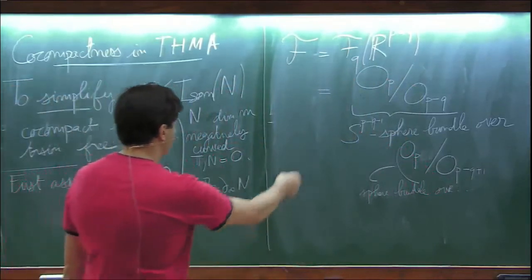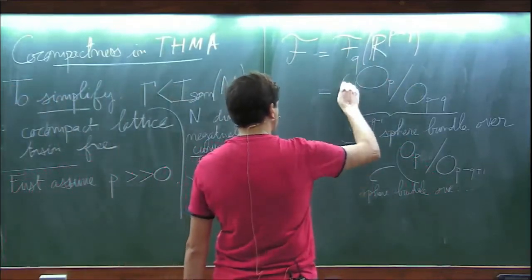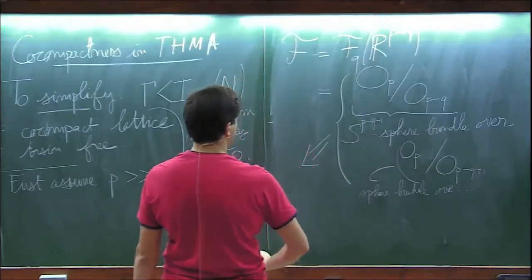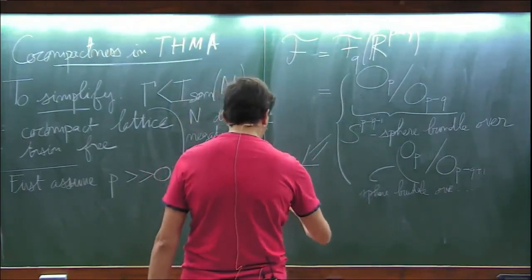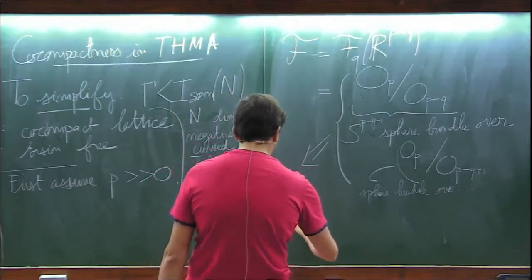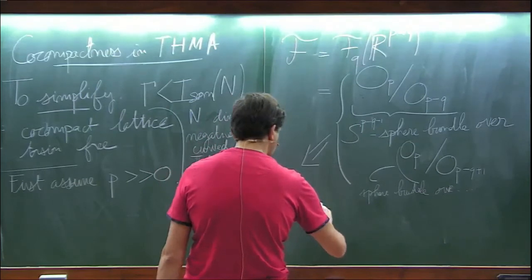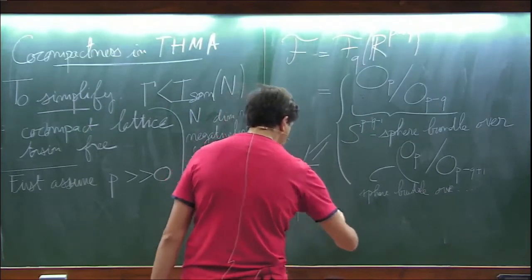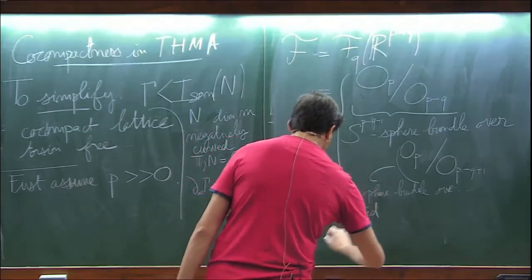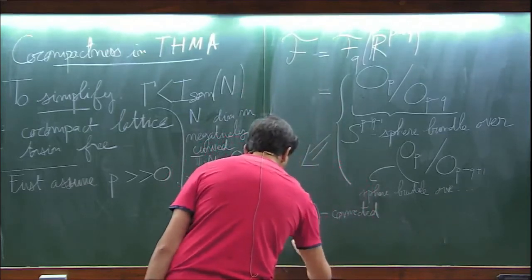So what you deduce out of this is the following fact, that F is (P minus Q minus 2)-connected.